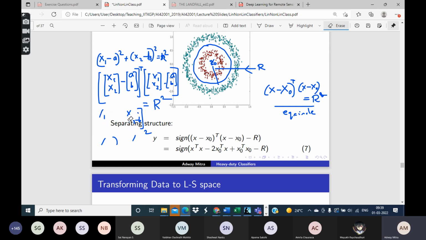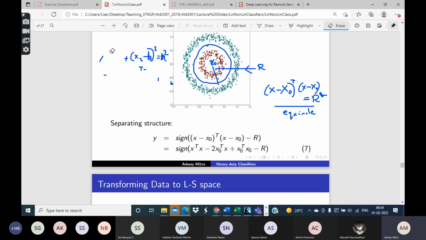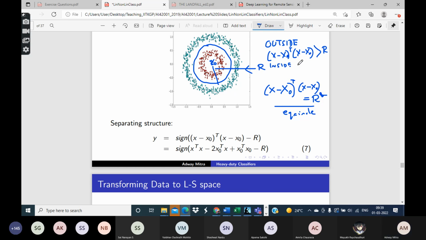For the points which lie on the circle, this equation is satisfied. For the points which lie outside the circle, x minus x naught transpose x minus x naught is greater than r, and for points inside, it is less than r.